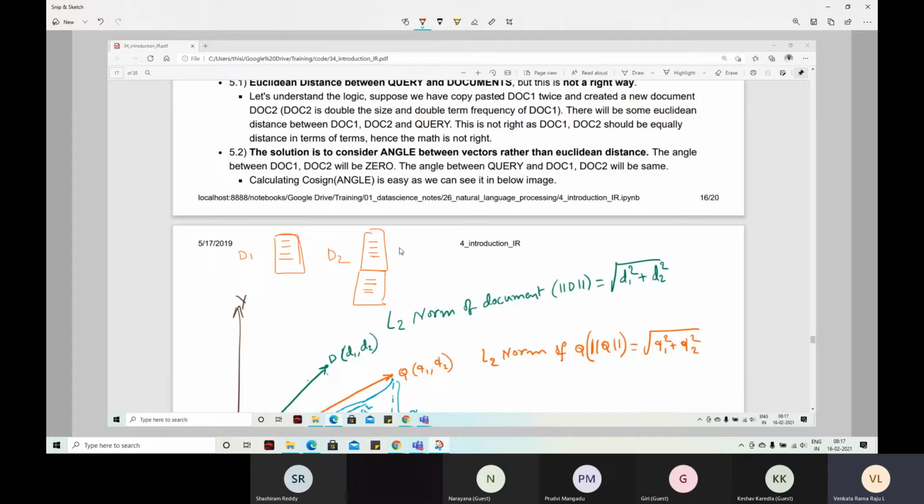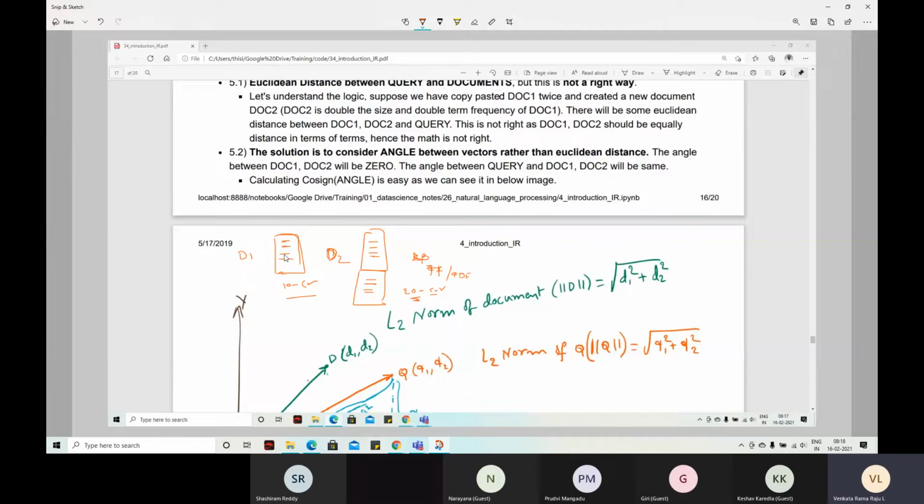Now if I calculate the TF-IDF scores, I'll get double the scores. If there are 10 occurrences of some term like car here, you'll have 20 there. Ultimately, whatever scores you get will be double on the vector. So when you look at the distance, it will show that there is a distance, but are they really different?